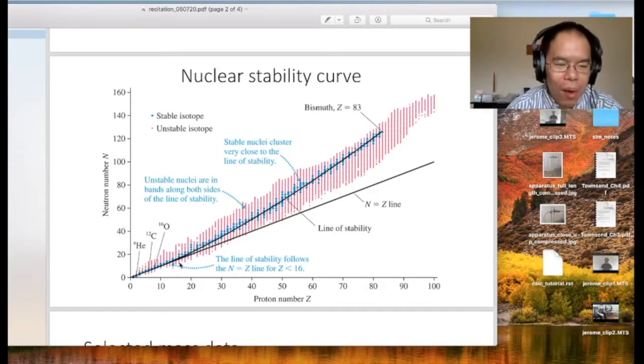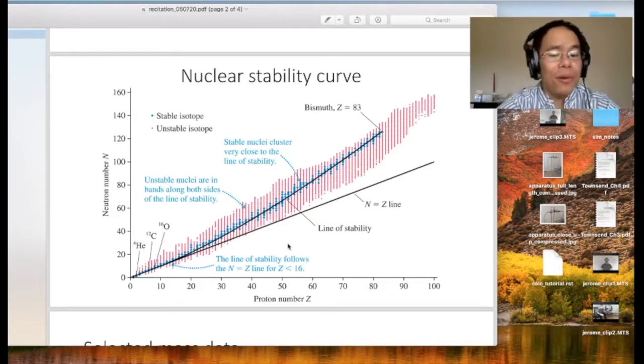For small nuclei, down here, roughly speaking, the line of stability that you draw through this band of stable nuclei runs roughly along the line where N equals Z. In other words, small nuclei are stable when the number of neutrons is equal to the number of protons.